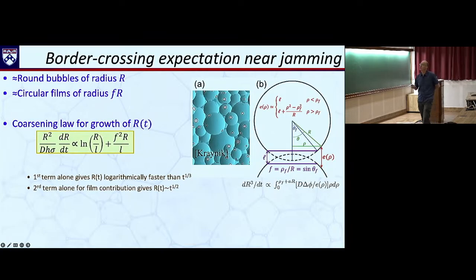So how would you describe this? Well, you would describe it with, of course, the radius capital R of the bubbles. You would also describe it by the radius of the films, and we'll parameterize those by a dimensionless number f. So f times big R is the average radius of these circular facets.